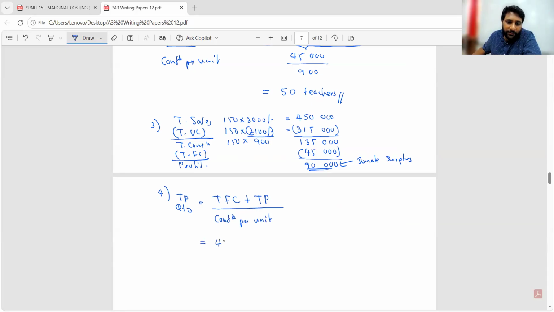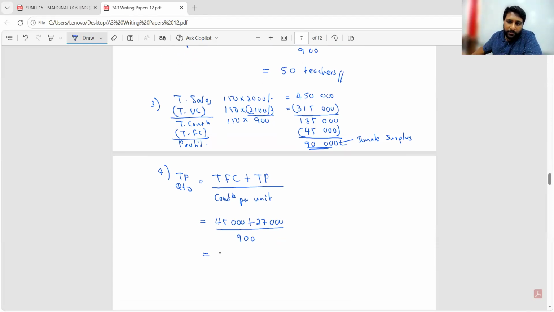Total fixed cost 45,000, target profit 27,000, contribution per unit 900. Then what's the value? 50 plus 30, 80 teachers. 80 teachers, right?